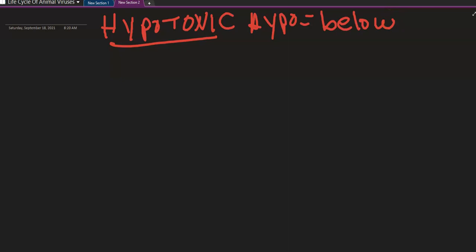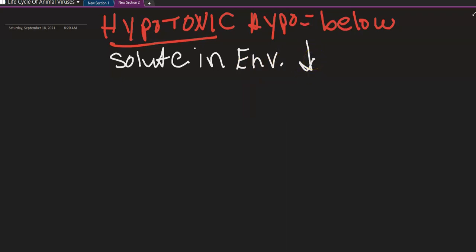And so here, our solute concentration in the environment, which means outside of the cell, the extracellular environment, is going to be lower than in the cell.